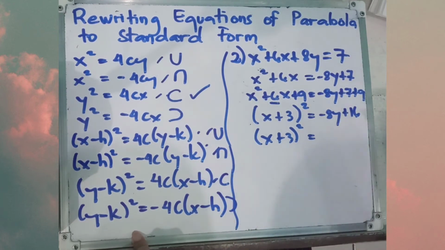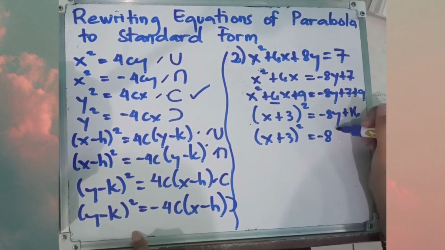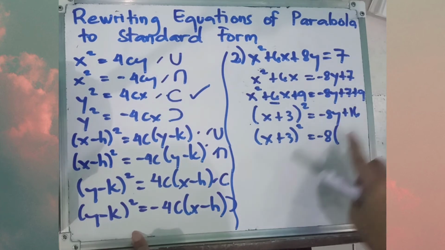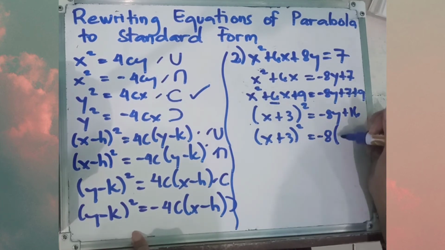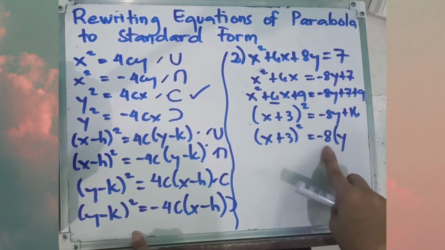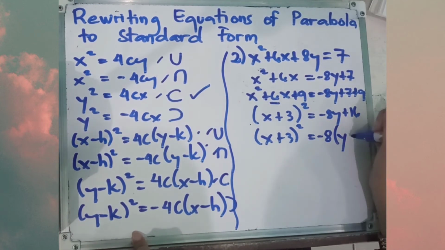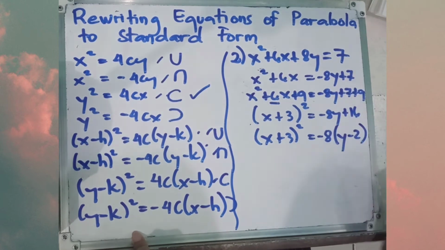Here, the common factor is negative 8. Dividing both terms by negative 8, we will have y, because negative 8y divided by negative 8 is y. Then 16 divided by negative 8 will give us negative 2. So this is now the equation in standard form.